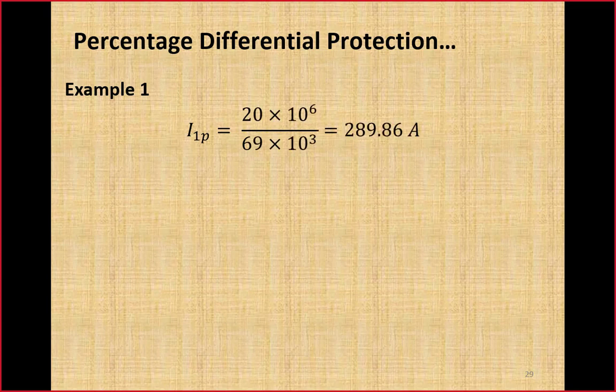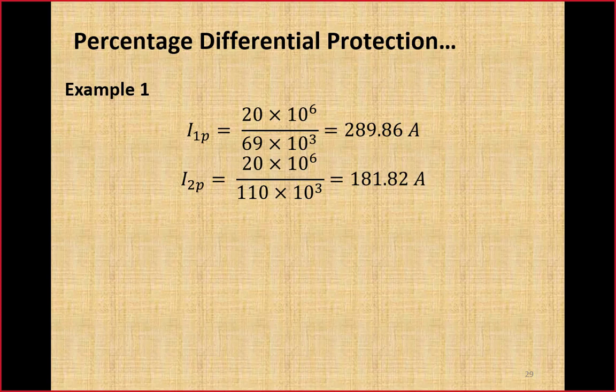Now on the 69 kilovolt side, by using the power rating, the single phase transformer has 289.86 ampere current, and on the 110 kilovolt side this current is 181.82 ampere. Now based upon these two values of current, we will select the CT ratio.